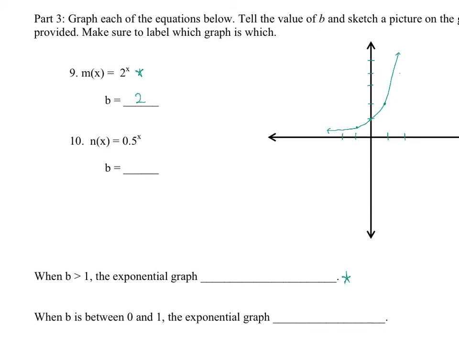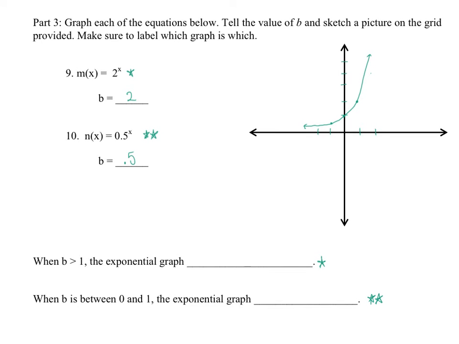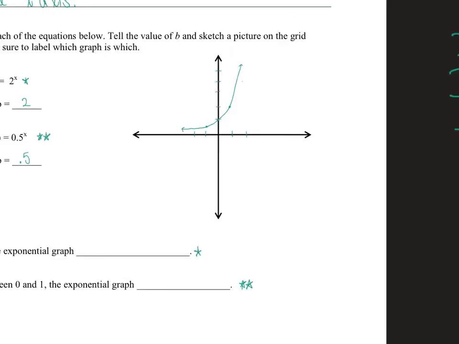Now let's look at when our base is 1/2 or 0.5. You can have fractions and decimals. Okay, so this one I'm going to do 2 stars. So this graph is going to help us answer the second statement down here. Okay, so when our graph has a decimal or a fraction as your base, let's look at what our input-output table would look like.